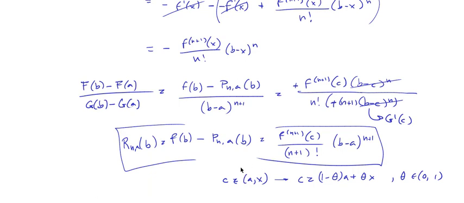So the first corollary of this, and one of the important ones, is that any polynomial of degree n is exactly equal to its Taylor polynomial at a, and at every value, right?